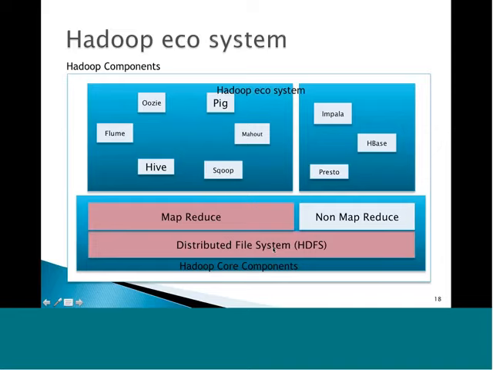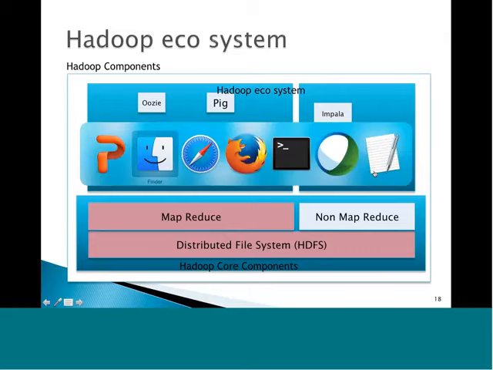HDFS is nothing but a storage. It's just a file system. To process the data, either you have to choose MapReduce based solutions or non-MapReduce based solutions. As part of MapReduce based solutions, you have these many on top of MapReduce, and you can use MapReduce itself to process the data. As part of non-MapReduce, you have these services, and there are some additional services as well.